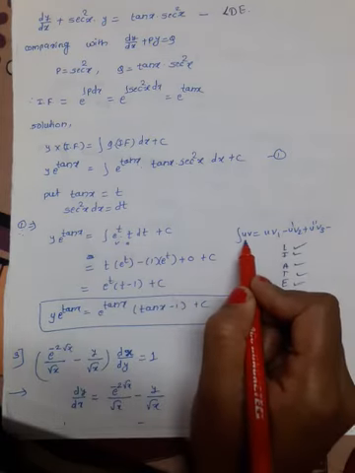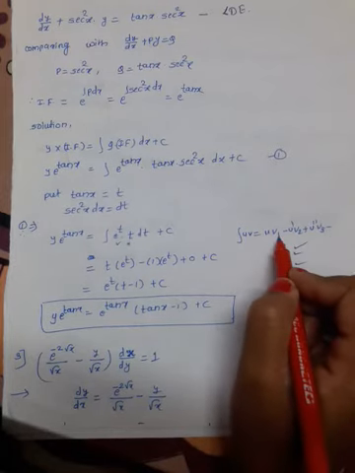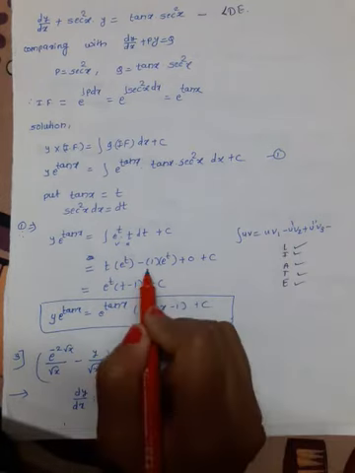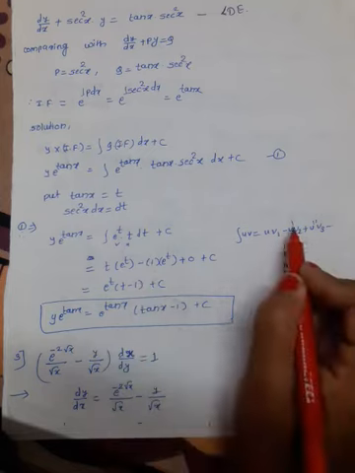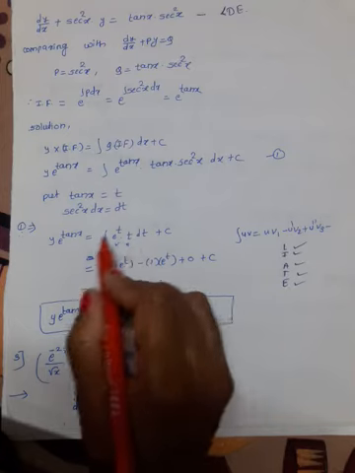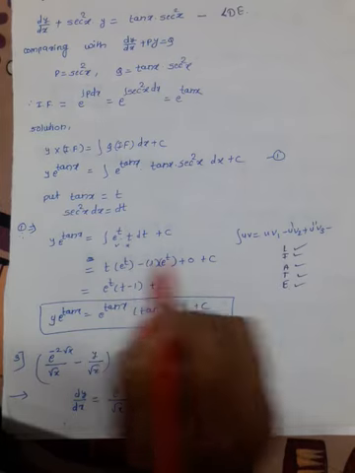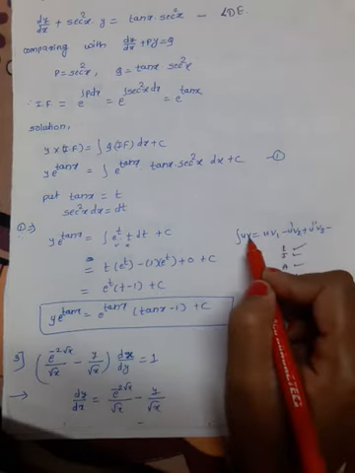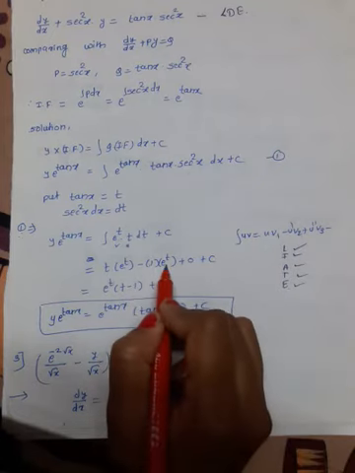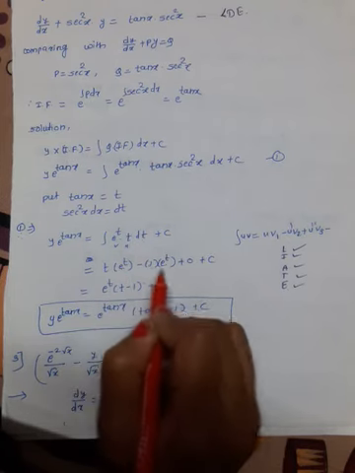Now go on putting this u and v into the formula. We get u into integration of v, that is t into integration of e raised to t, which is e raised to t, minus u dash, the derivative of u, which is 1, since the variable in this integration is t, times v2, the second integration of v, that is the integration of e raised to t, which is e raised to t.